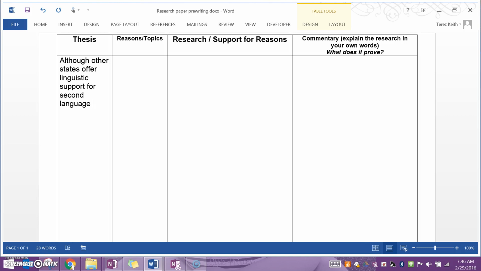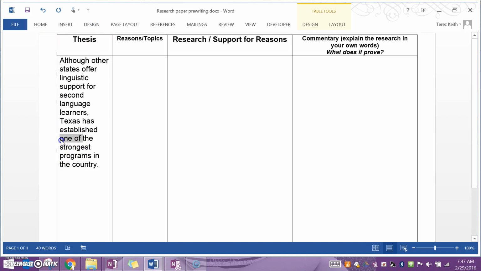Although other states offer linguistic support for second language learners, Texas has established one of the strongest programs in the country.